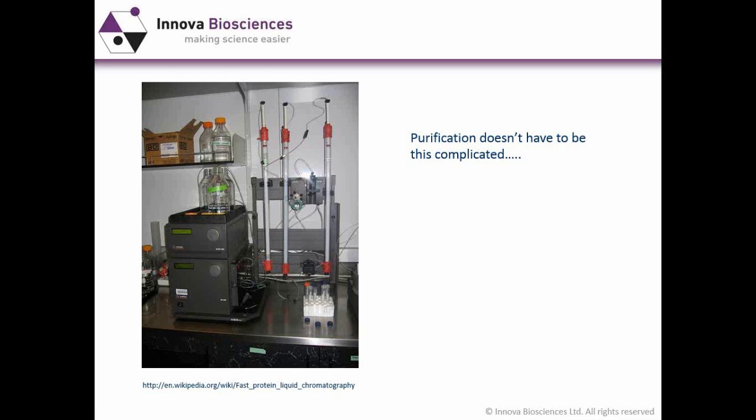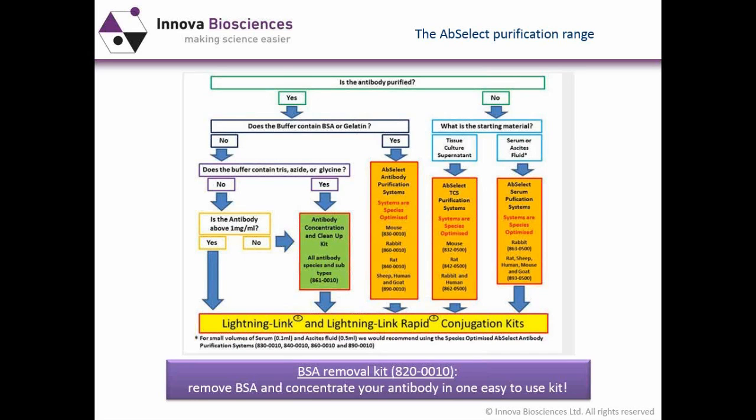As part of the range of conjugation products that Innova Biosciences has available, we've developed a purification range of products alongside these. This AppSelect range takes the same approach as our approach to conjugation, really to try to simplify things as much as possible.